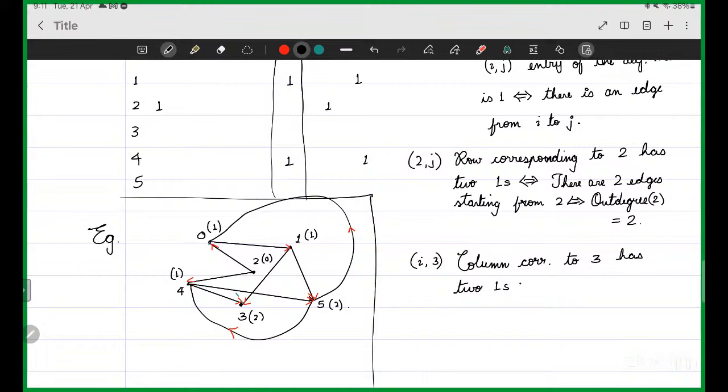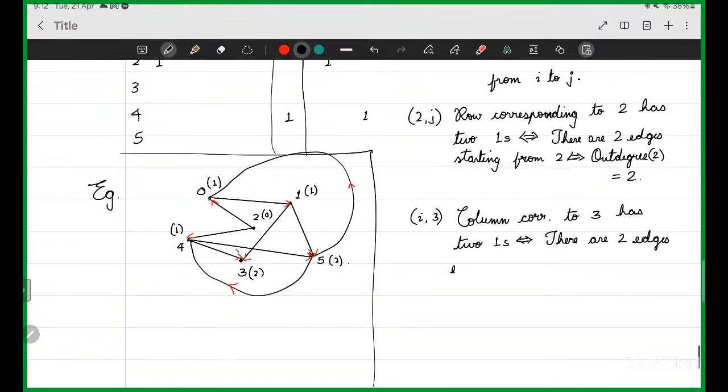What does this mean? There are 2 incoming edges at 3. There are 2 edges ending at, or coming into, 3. But is that not the same as saying in-degree is equal to 2? The in-degree of the vertex 3 is equal to 2.